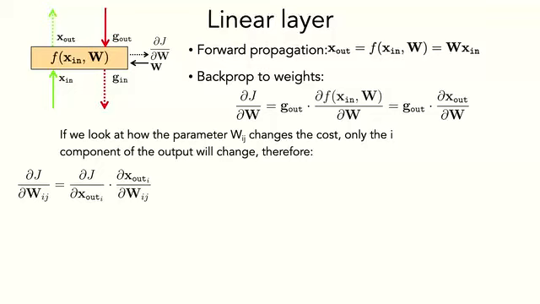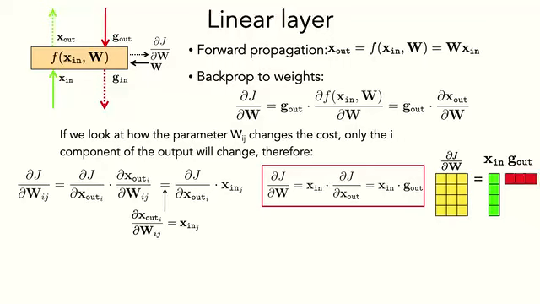So you can break this down through a simple decomposition. The partial derivative of the ith component of the output with respect to the corresponding weight matrix element ij is just going to be equal to the input xj.